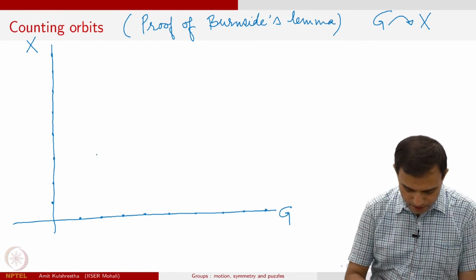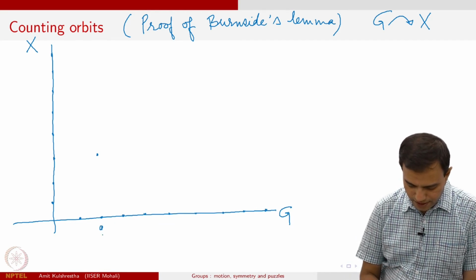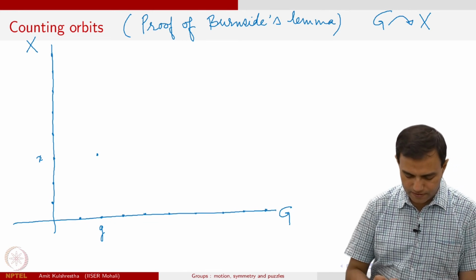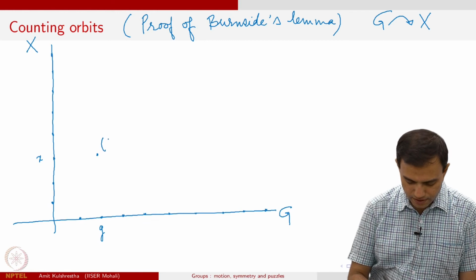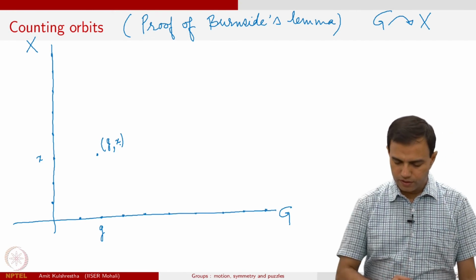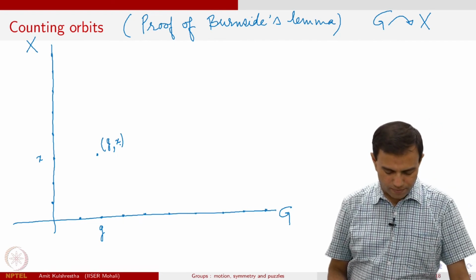So here just take some point here. Suppose this element is g, this is x, then this is say g comma x. Okay. So all these things are presented in the Cartesian format.